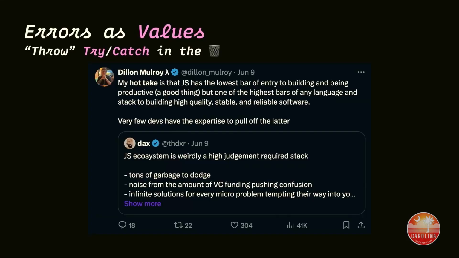My hot take is that JavaScript has the lowest bar of entry to building and being productive, which is a good thing, but one of the highest bars of any language and stack to building high quality, stable, and reliable software. Very few devs have the expertise to pull off the latter. At Vercel and Formidable, I've worked with some of the best JavaScript devs across the planet, and we still fall into these traps and mistakes because of the language and its runtime.